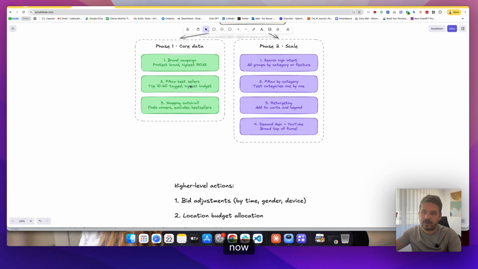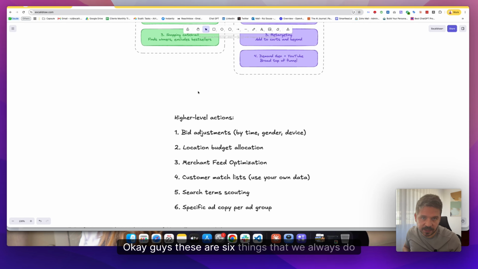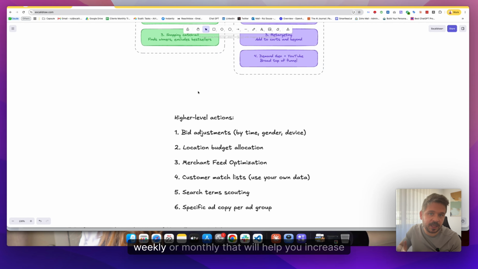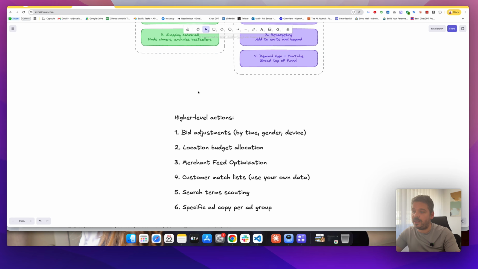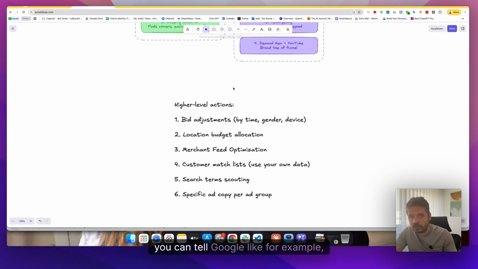Okay. Now, high-level stuff just to finish. Okay, guys, these are 6 things that we always do daily, weekly, or monthly that will help you massively increase your results if you're already running Google Ads. The first thing is bid adjustments. For example, if you sell more on Mondays and Tuesdays, you can tell Google, hey, on Monday and Tuesday, bid 20% more than the normal daily budget we have.